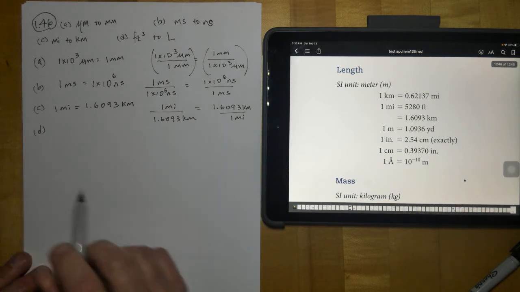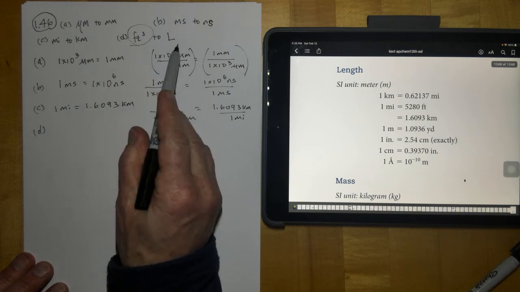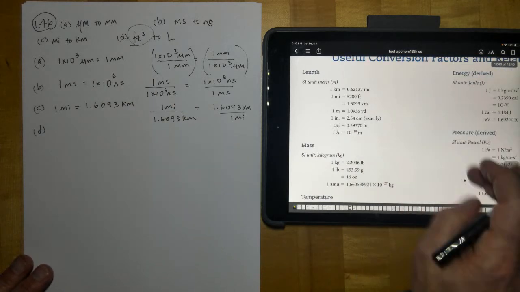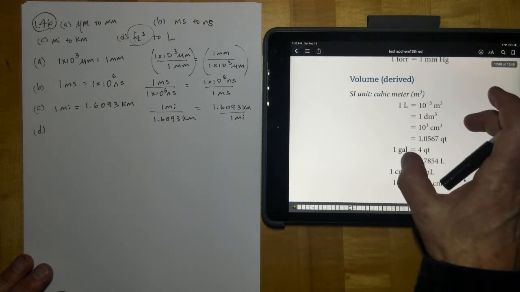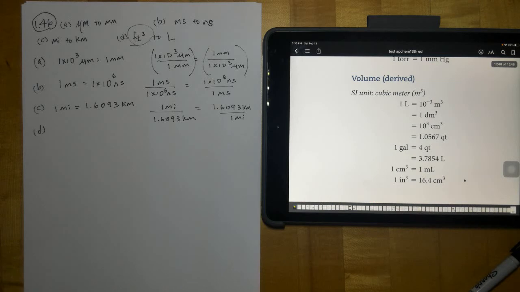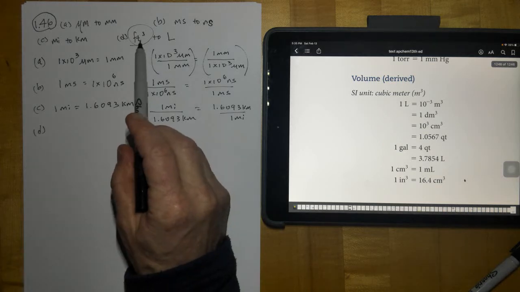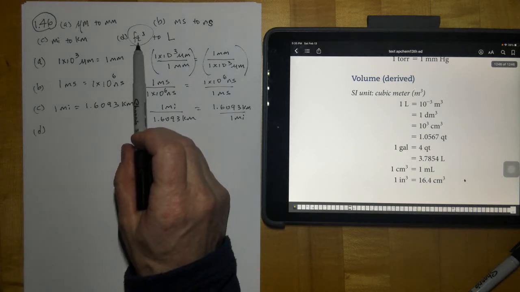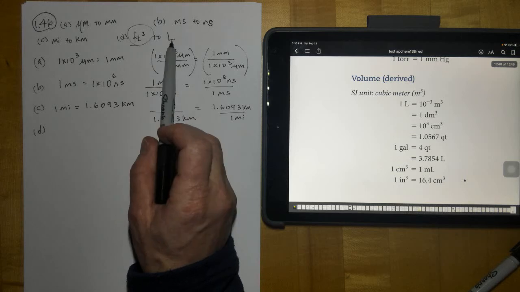And then letter D, the last one's tricky because we got a cubic unit here going to liters, and of course liters and cubic units are a volume right here. And you probably have to remember some relationships for this. First of all, we have to get from feet here into something metric.